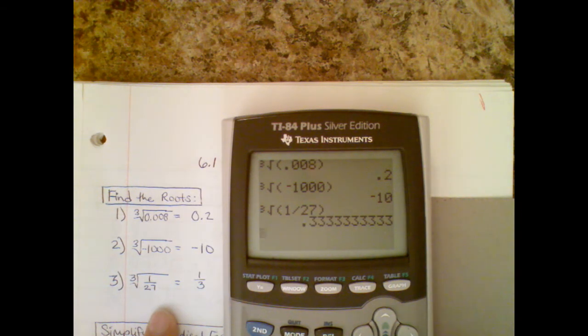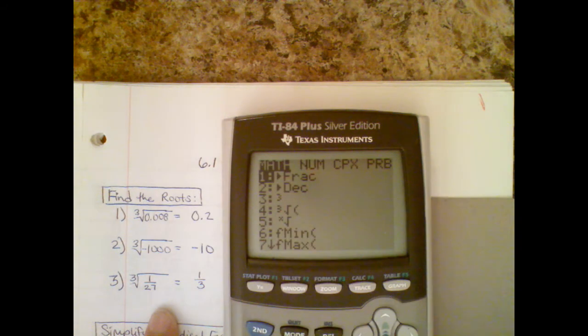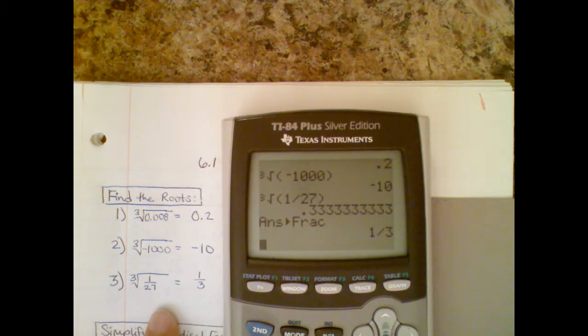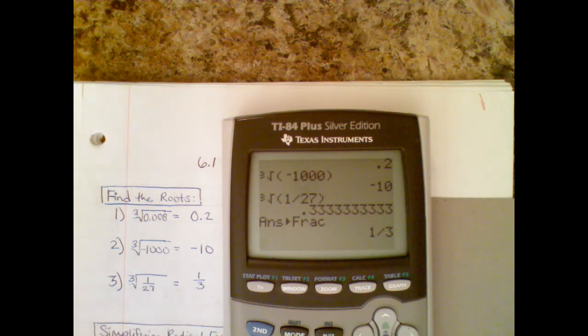To go back to a fraction format, just click math. FRAC stands for fraction, click enter, enter, and it'll change it to a fraction for you. A lot of times if the original problem is a decimal, they want the answer as a decimal. If the original one is a fraction, they want the answer as a fraction.